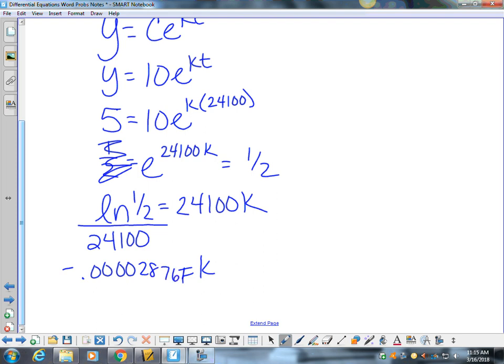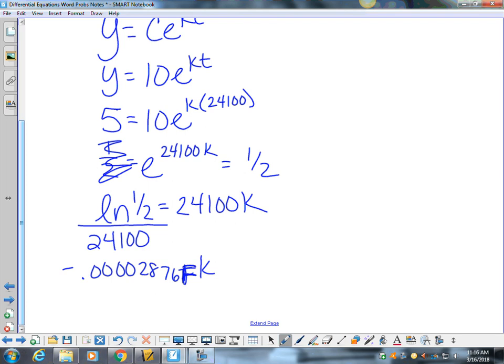I don't know why I got a little overzealous with my decimals and went that far. 0.0000287761, and it's negative. No, that's a 1, and then equals.